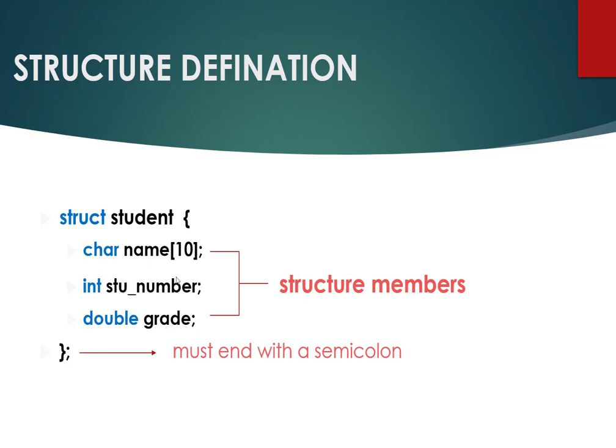The variables inside of my structure are known as structure members or data members. If we take a close look at the data members, they all have different data types: a char, an int, and a double. At the end of the structure, you must use a semicolon to close it off.